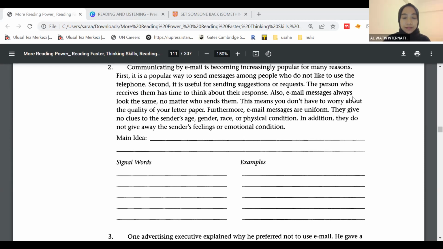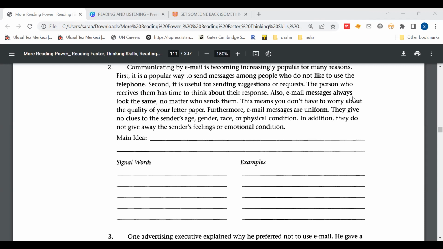That's true, paper. Furthermore, email messages are uniform.